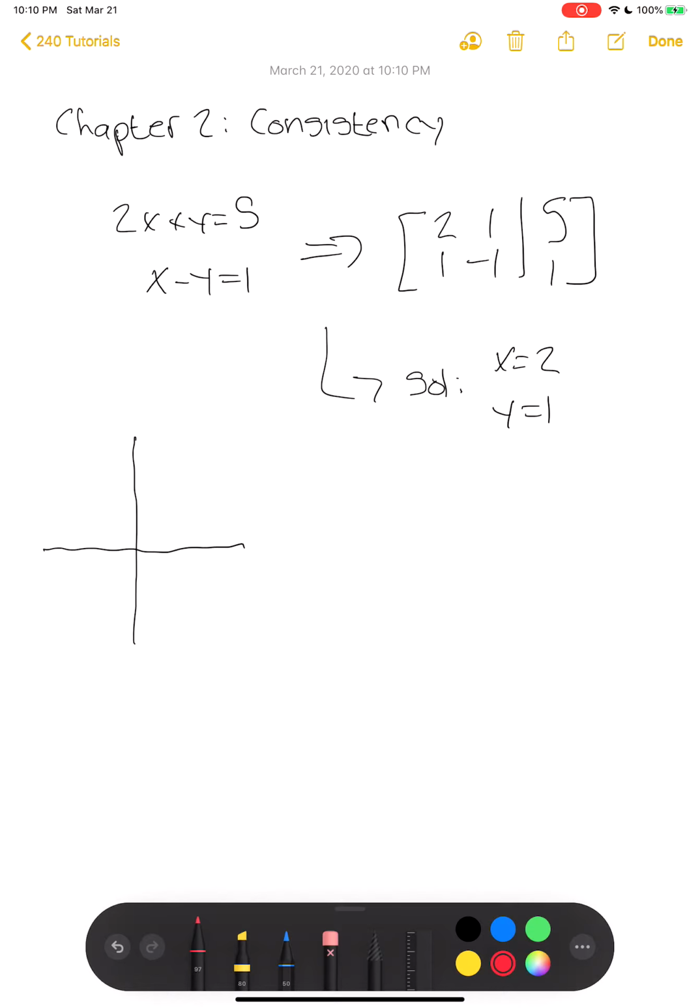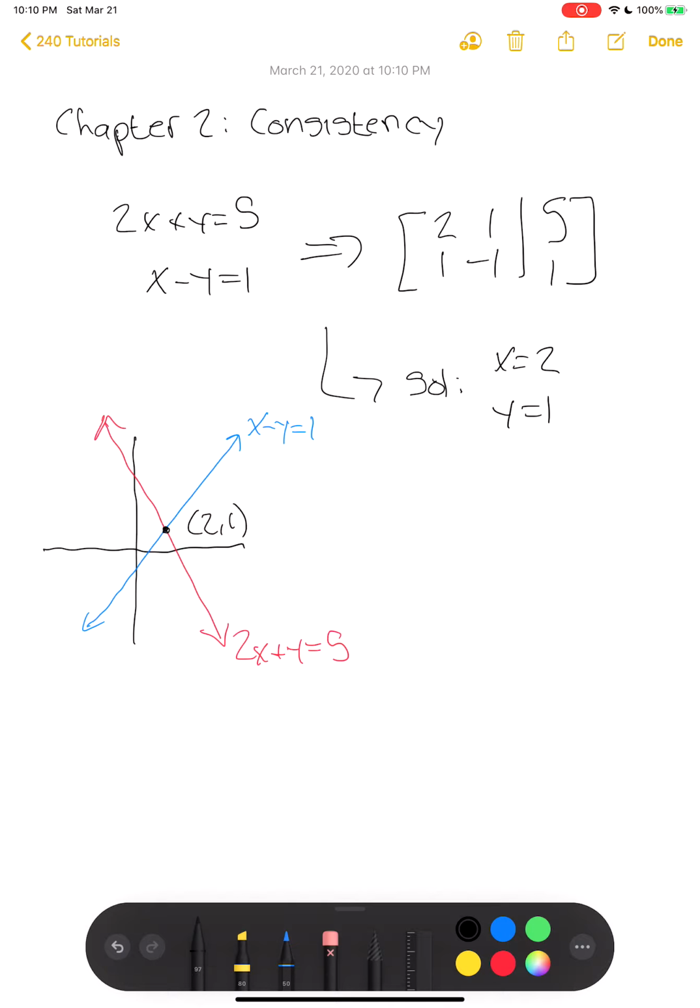If you move stuff around to get into a better graphing form, it looks something like this. So this is 2x plus y is equal to 5. And then x minus y looks something like this. This is x minus y is equal to 1. And we know that they intersect at this point here, 2, 1.